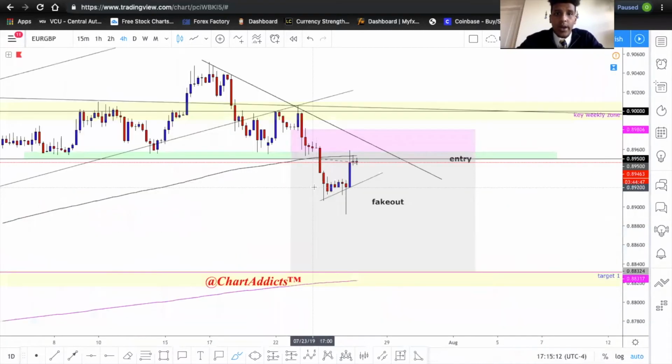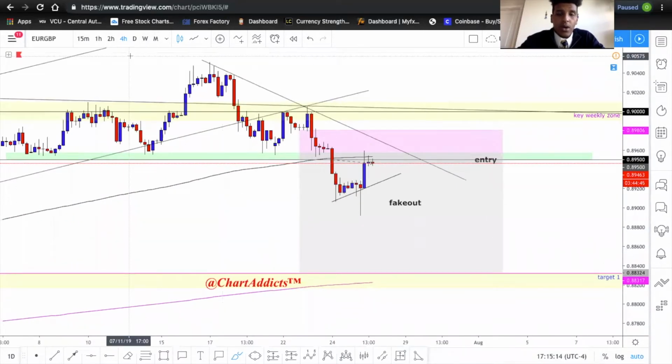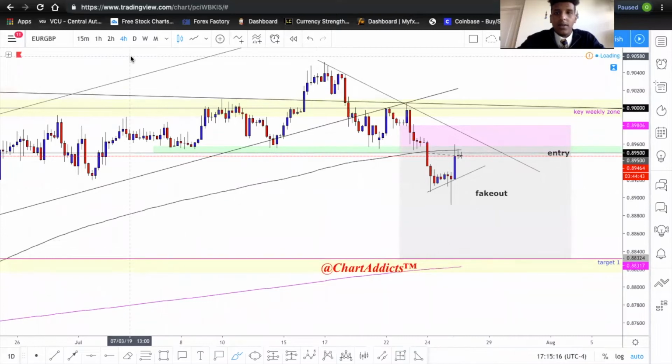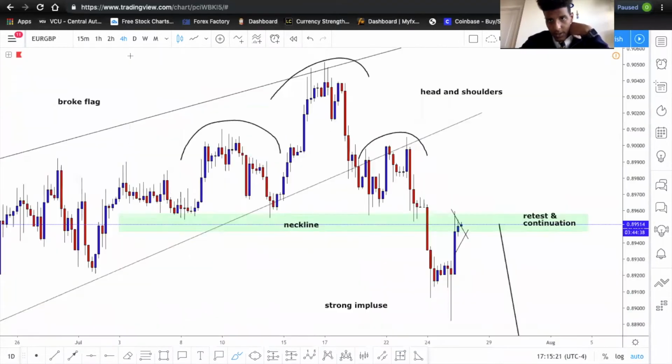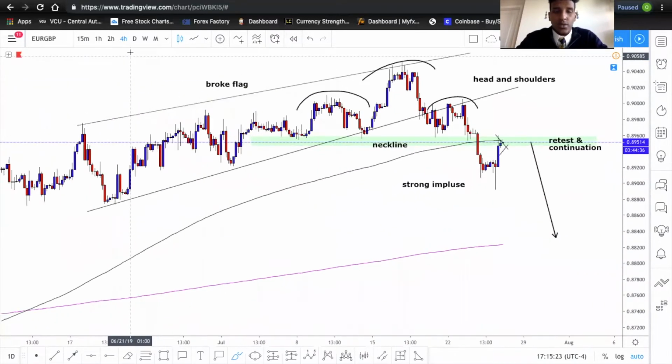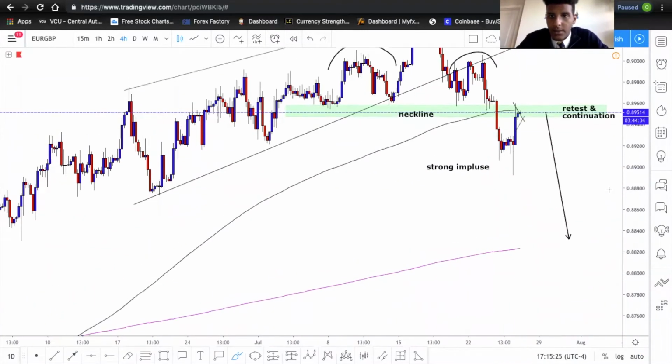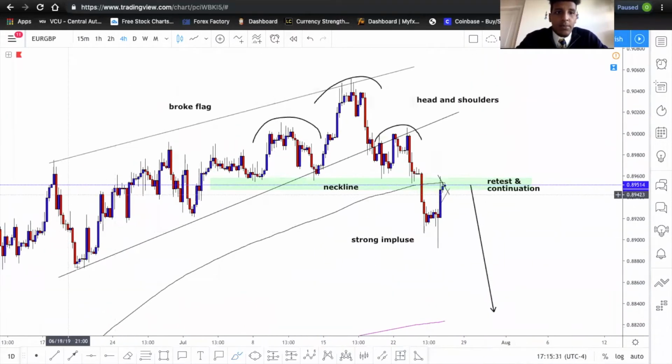All right, euro pound. This pair we are in, and I believe I have a better markup down here somewhere for you guys. Awesome. So looking at this setup, you guys can see price broke our flag, this triangle right over here.